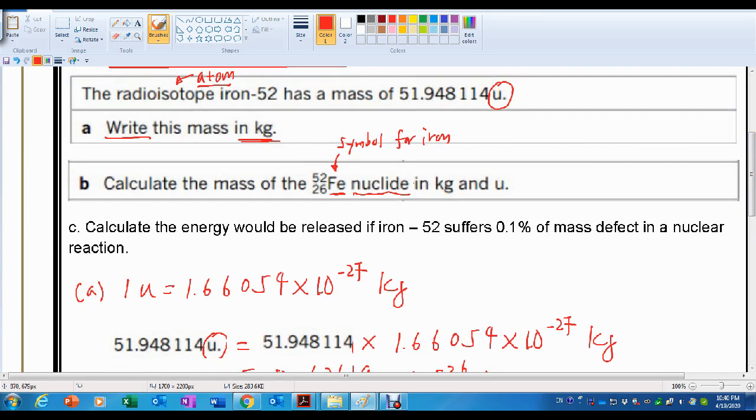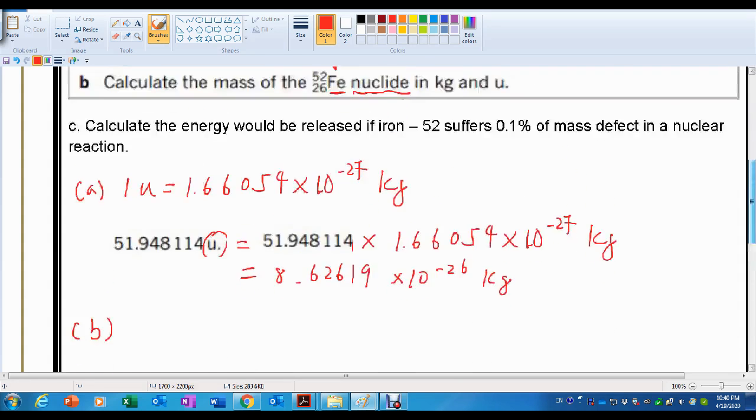Why do I need to recalculate that again? Be careful, because this time you are going to find the nuclei. For atom to nuclei, you need to take away the mass of electrons, because an atom means nucleus plus the orbiting electrons.